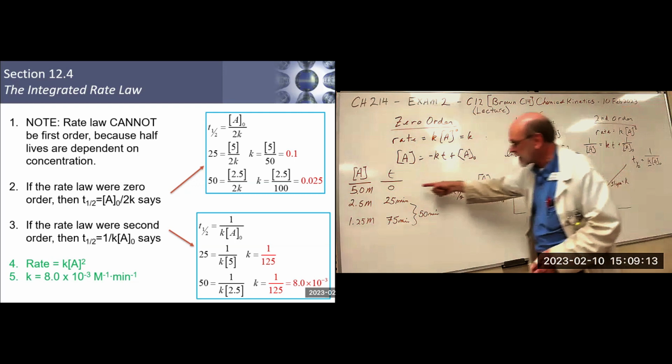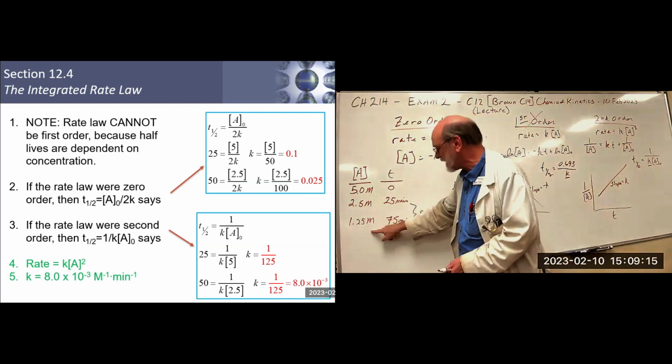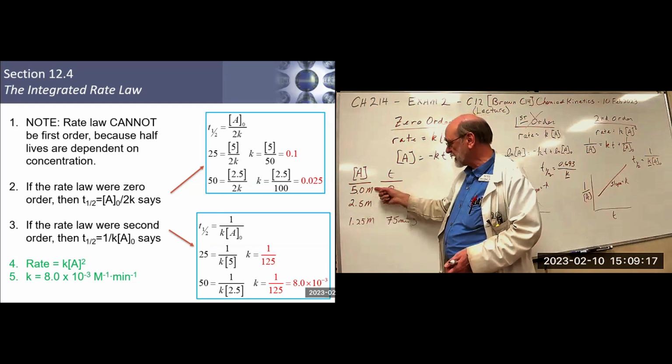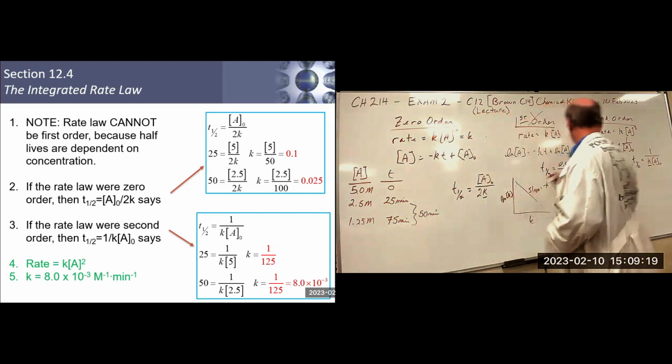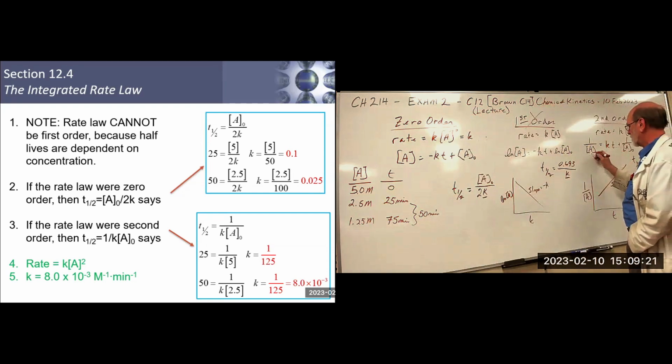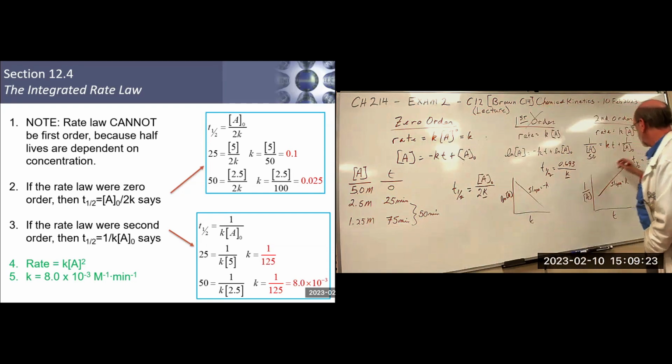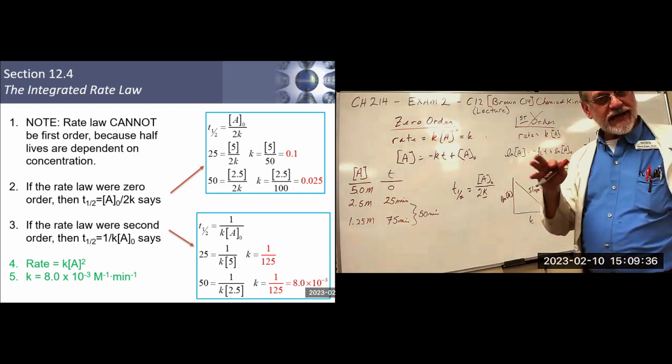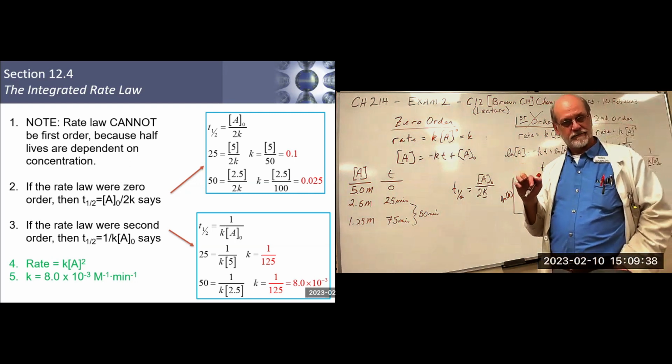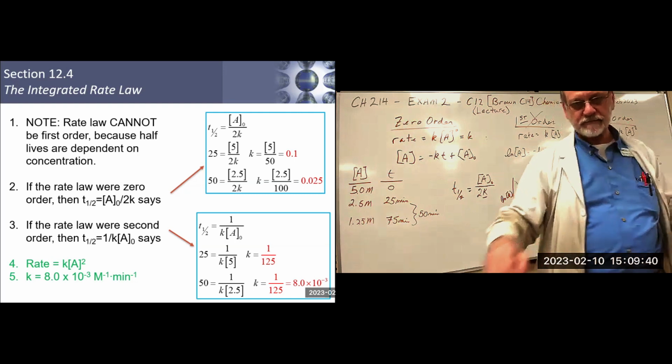We could either go this time interval or we can go all the way down. Right? This will be initial, this will be final. So it'd be 5 here. And this would be 1.25. And the time elapsed is 75 minutes. And then solve for K. And if we do that, then our K value is 8 times 10 to the minus third.